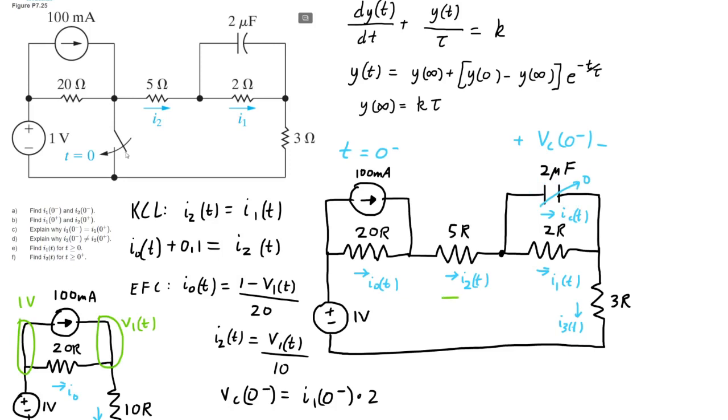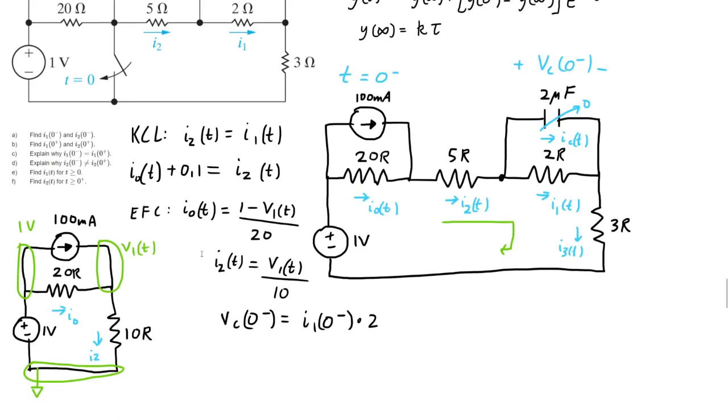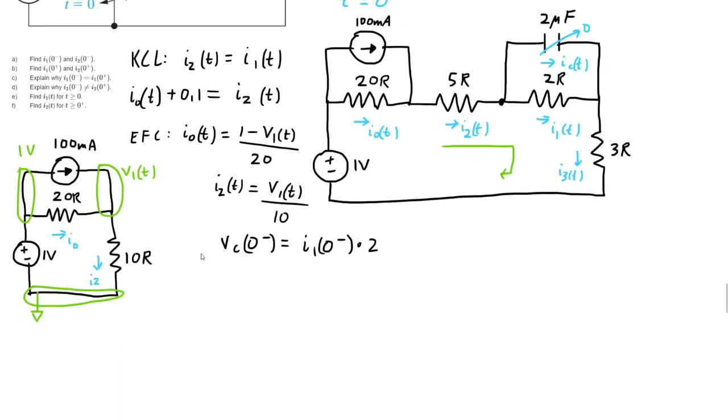And now we just have one current flowing through all these resistors. And because of that, I went ahead and simplified the circuit, added up those resistors. 5 plus 2 plus 3 is 10.